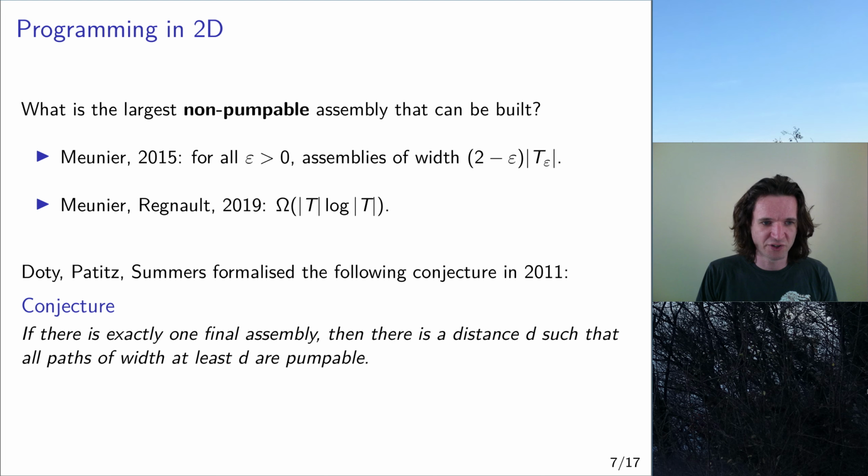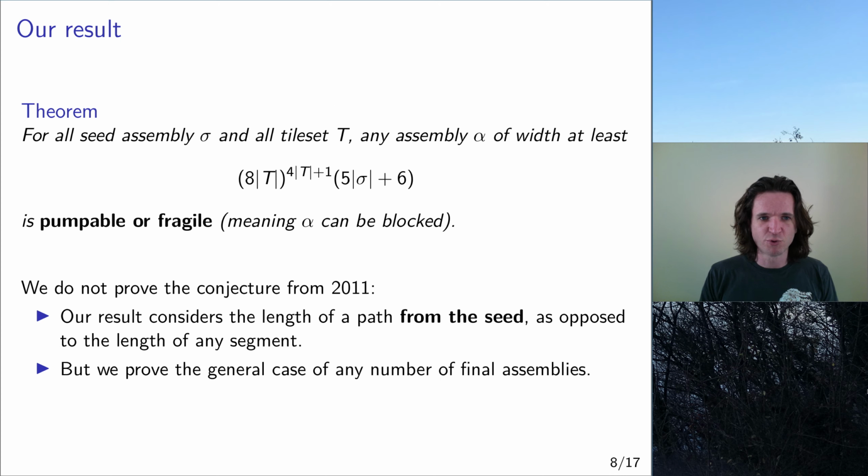Their conjecture is that if there is exactly one final assembly, then there's a distance d such that all paths exceeding that distance are pumpable. And here we prove something slightly different. We prove that for all seed assembly sigma and all tile sets T, any assembly alpha of width at least 8t to the 4t plus 1 times 5 sigma plus 6 is pumpable or fragile, meaning that alpha can be blocked.